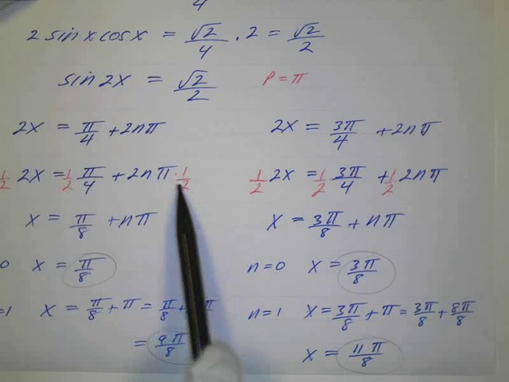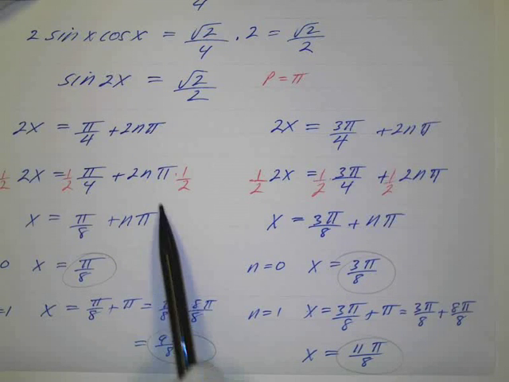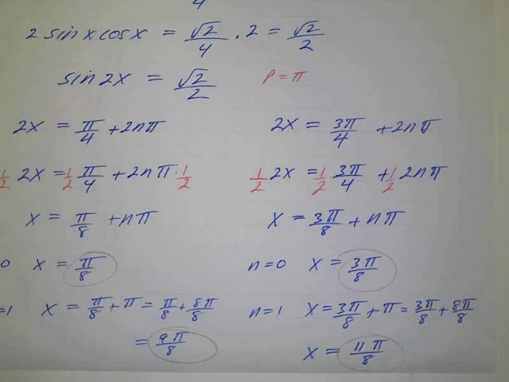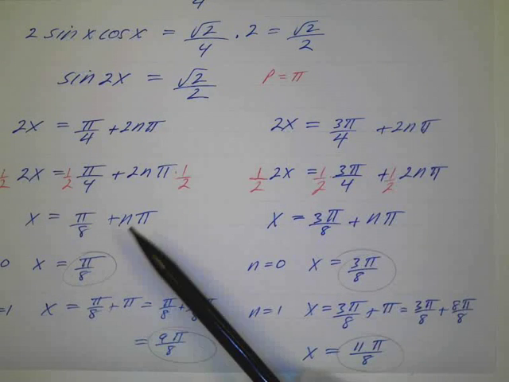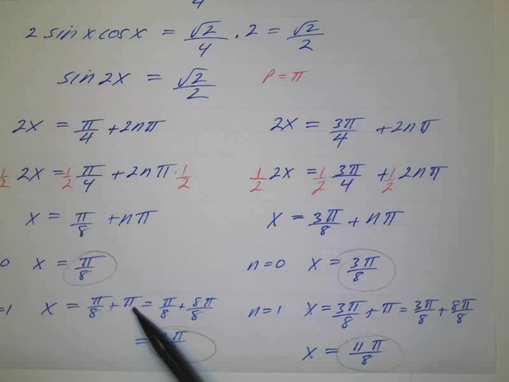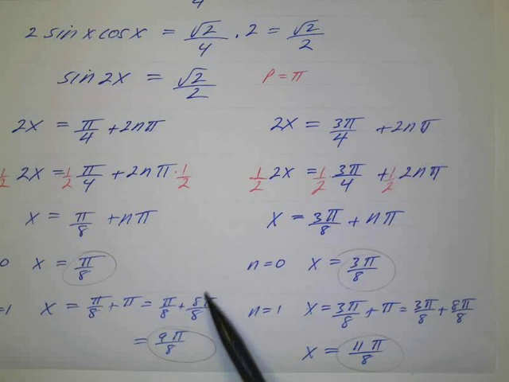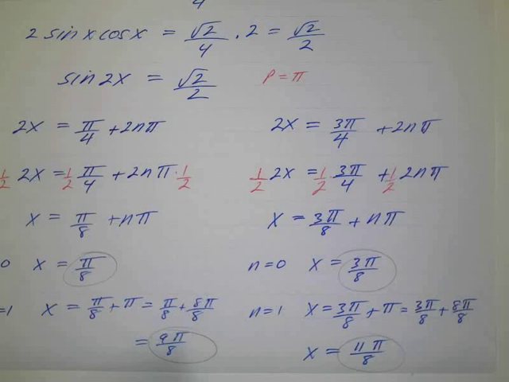If I multiply this by 1/2, I get pi over 8. But if I multiply this by 1/2, I just get n pi. Well, that was the one period that I was adding before. Now, when n is 0, this drops out, so I have pi over 8. But when n is 1, I've just got 1 pi. So I've got pi over 8 plus pi, which ends up being 9 pi over 8. So there's your solution for that part of the answer.